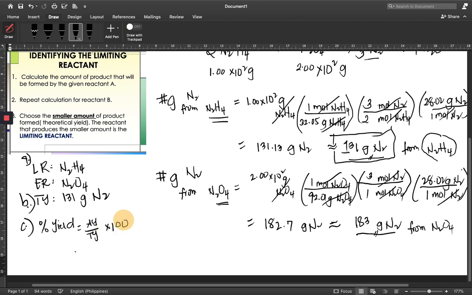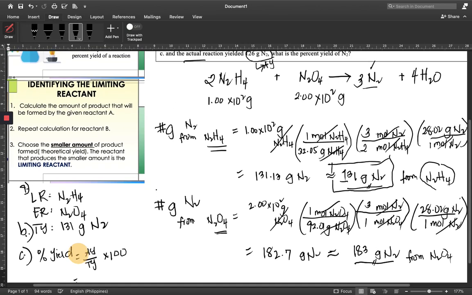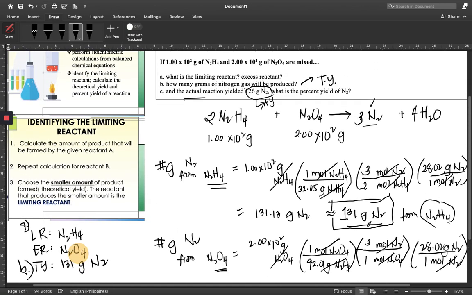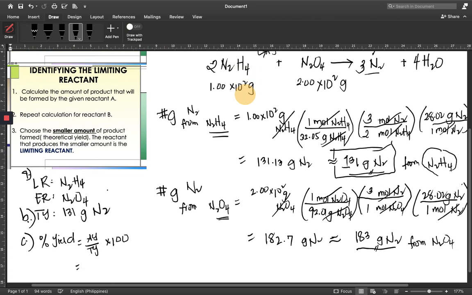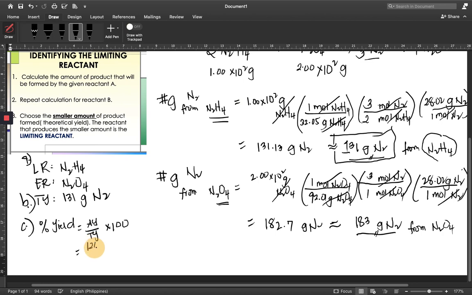If your actual yield is given, and in the problem it was stated that it's 126 grams of N2, we just divide it with our theoretical yield, which is 131 grams. Notice that the theoretical yield is almost always bigger than the actual yield, because that is what you expect. That is what you have calculated stoichiometrically, while the actual yield is what is obtained in the experiment.